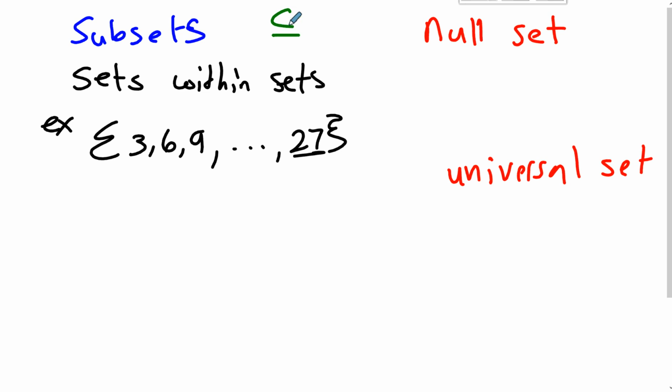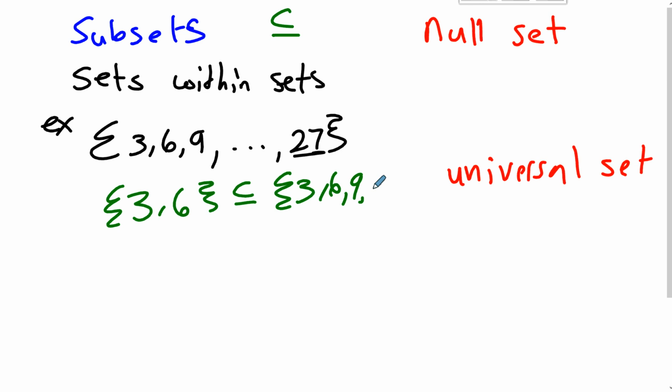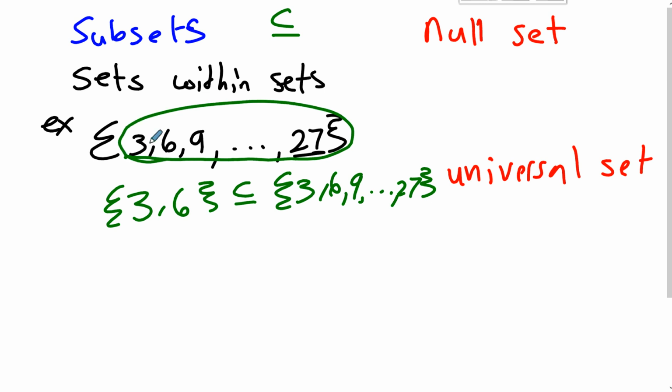It looks like less than or equal to, because basically that's what it is. 3 and 6 can be a set, and that set is contained within this bigger set, so it's a subset of {3, 6, 9, ..., 27}. Also, the whole thing is a subset of that set. That's why you have the little line under, like 'or equal to.' So the whole thing is a subset of itself.